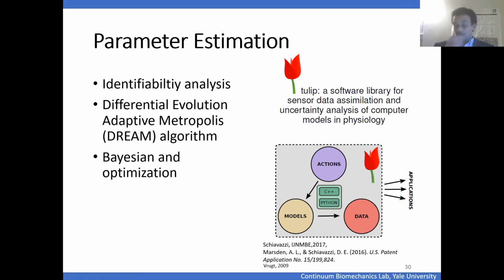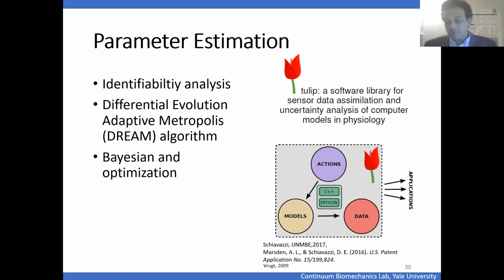Okay, but so in order to do the estimation for our problem, I essentially used three different tools. First I did an identifiability analysis, because you have a lot of data that you have a lot of parameters, but it could be that the parameters you're trying to tune to match the data are not at all sensitive to the measurements in the first place.